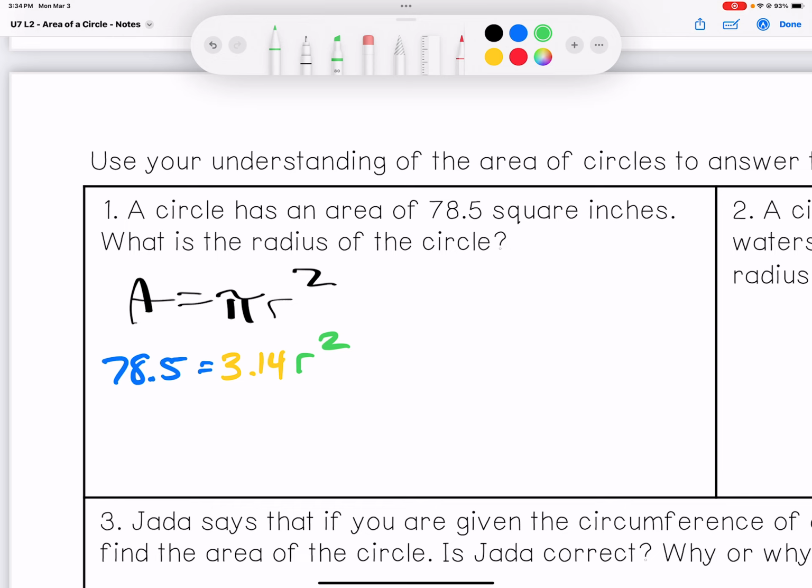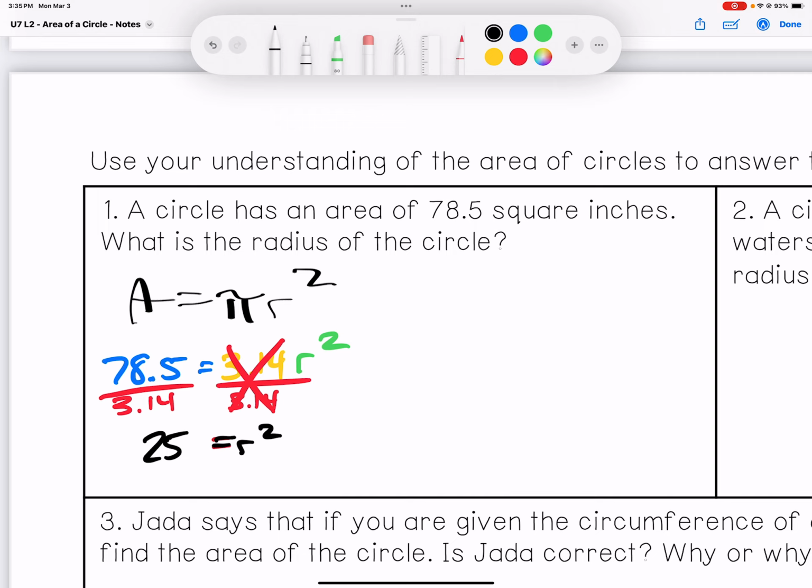So how do we get rid of this? Well, you're still going to divide by that number there. Don't let that squared throw you off. Those are going to go away. You're going to be left with r squared equals 78.5 divided by 3.14, which is 25.